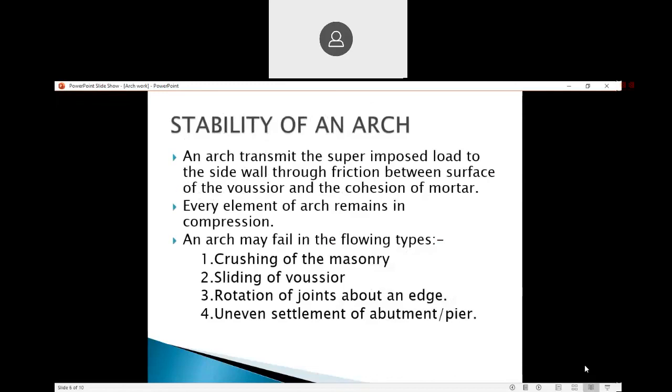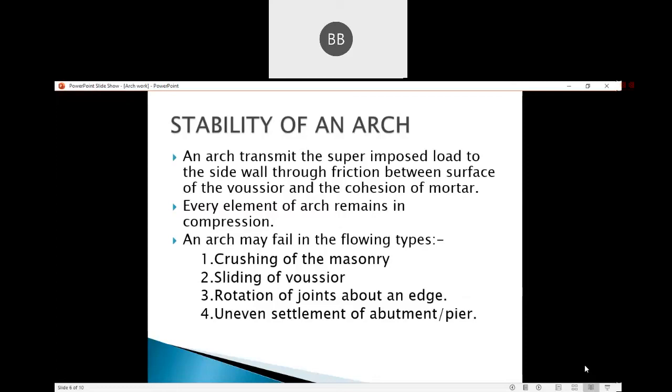Good afternoon, ma'am. My topic is stability of an arch. Arches are very stable structures because arch elements are always in compression. Let's go to point number 1. An arch transmits the superimposed load to the side wall through friction between the surfaces of the voussoirs and the cohesion of mortar.